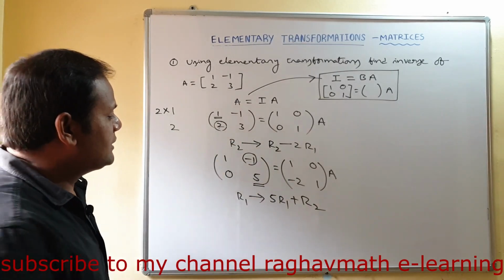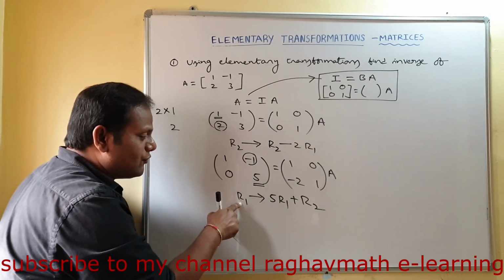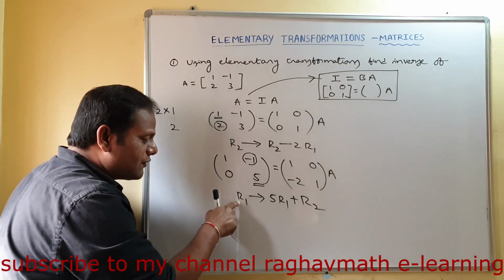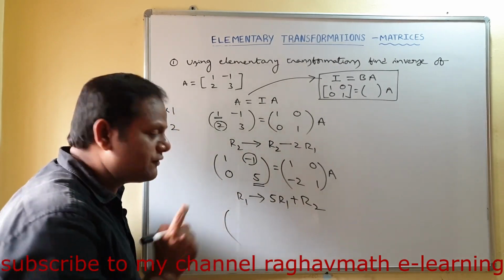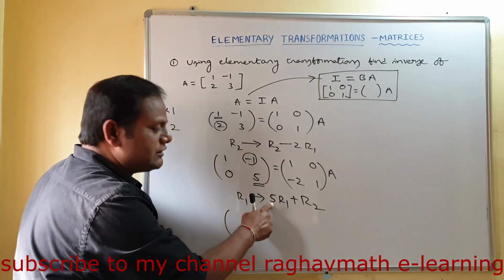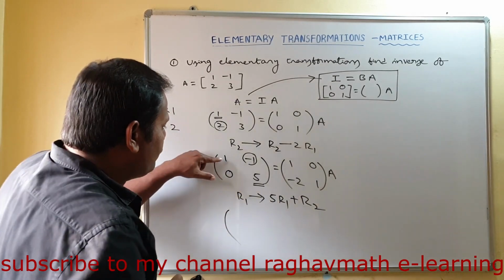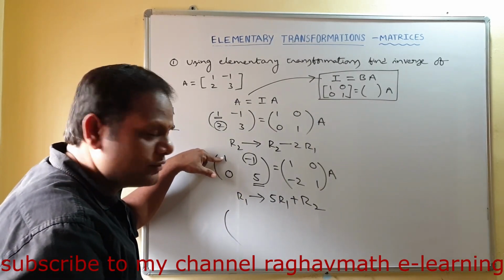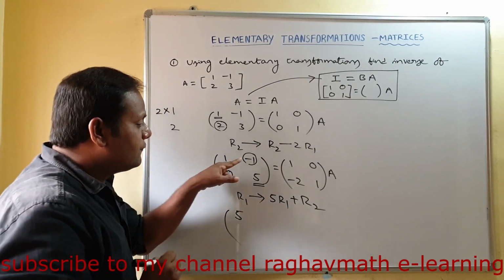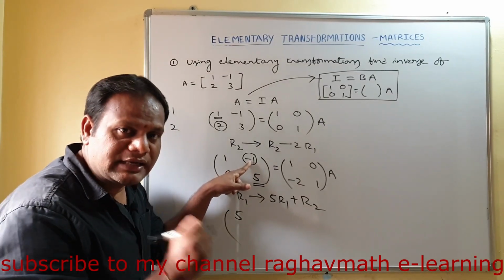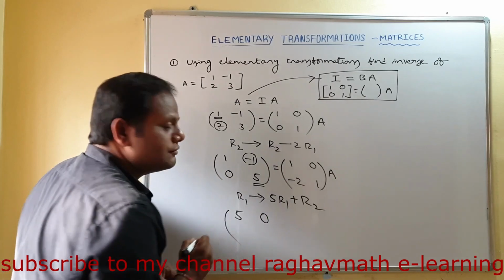Now we apply this operation here. What do we get? On the left-hand side, we have R1, so R1 is going to be affected. Multiply R1 with 5 and add R2. So 5 into 1, 5, plus 0, so it is 5. 5 into minus 1, minus 5, plus 5, what is it? 0.